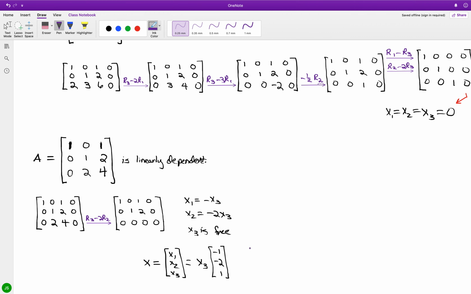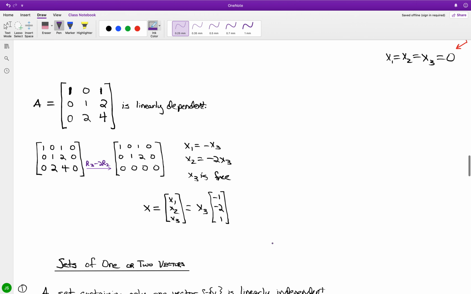So in this case, where Ax = 0 has a free variable, x3, the system is linearly dependent.